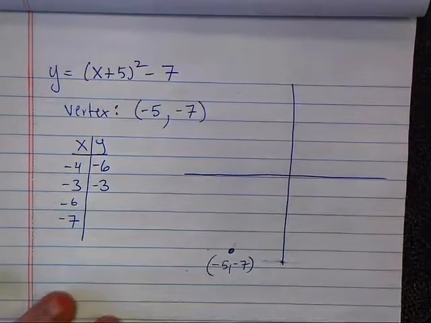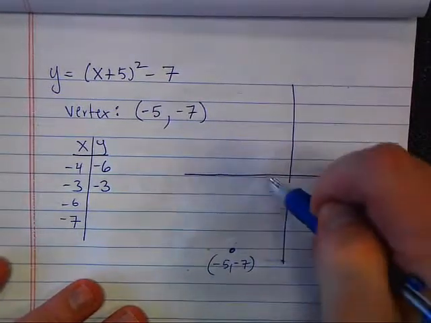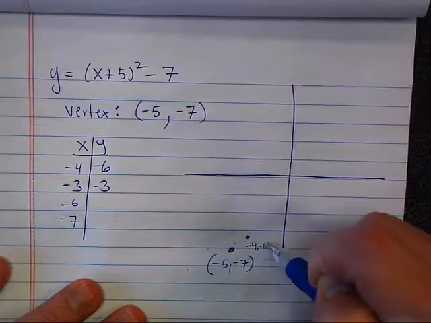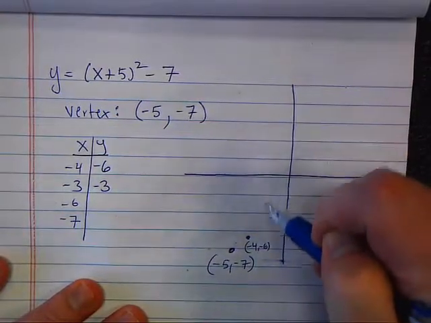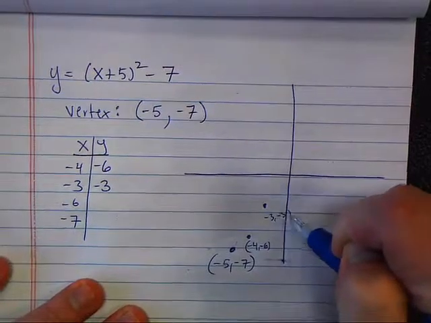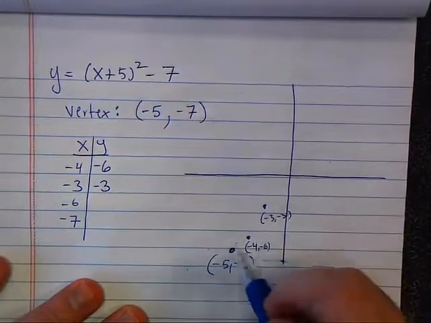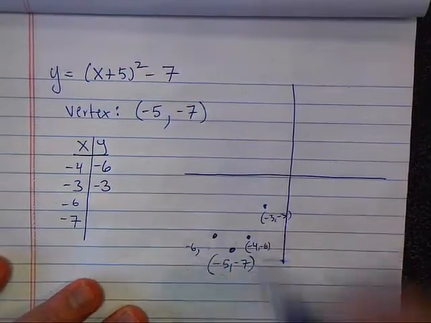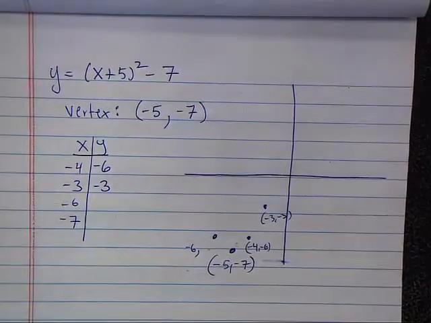So I'm going to draw those two points. Negative 4, negative 6, and negative 3, negative 3. Without doing any work, what's going to happen when I plug in negative 6?